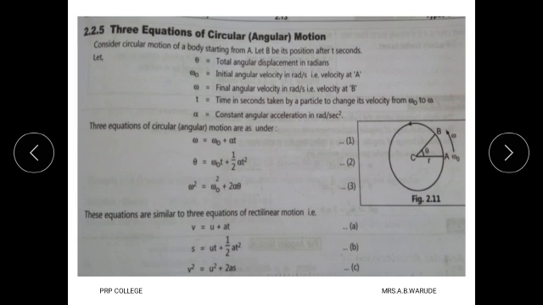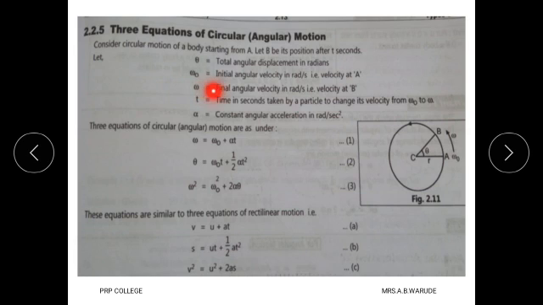Here theta is the angular displacement, omega is the final angular velocity, and omega 0 is the initial angular velocity. Let theta be the total angular displacement in radians.